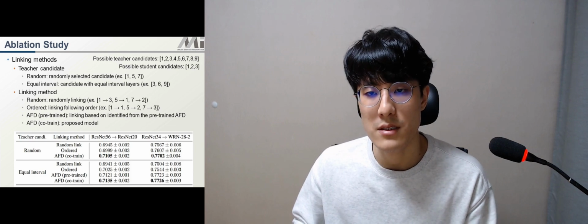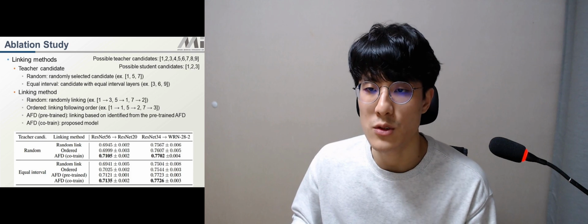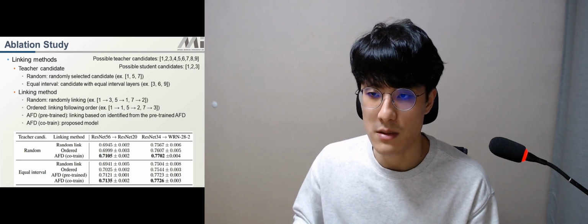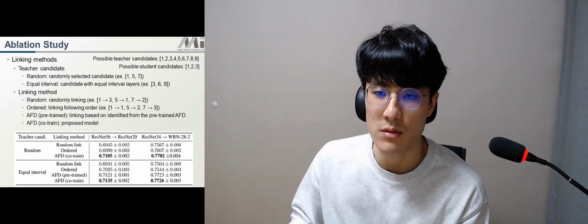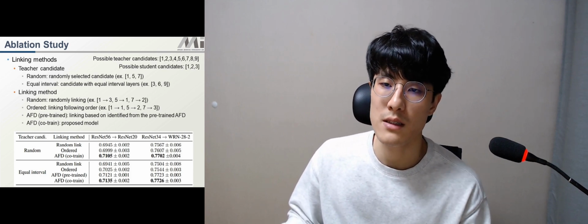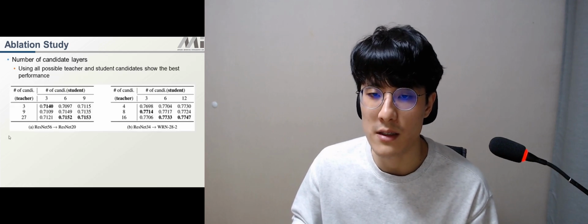Finally, changing the link while training through AFD shows better results than fixing the link from beginning to the end of training by using the link information of the previously learned AFD.